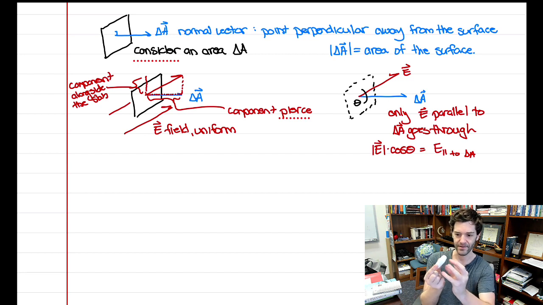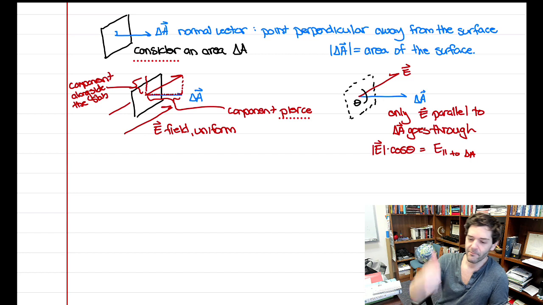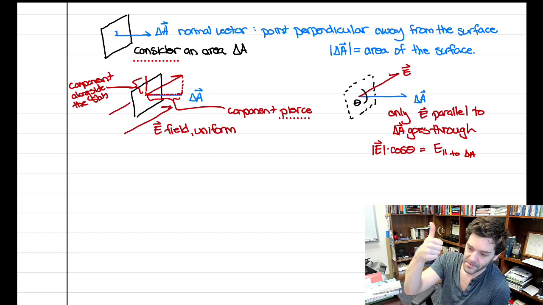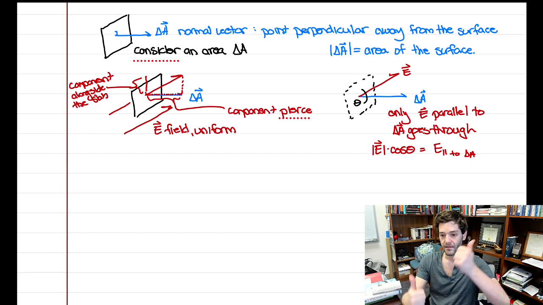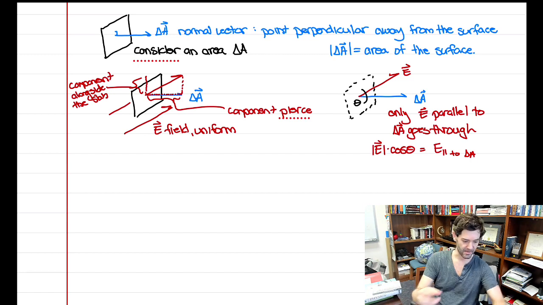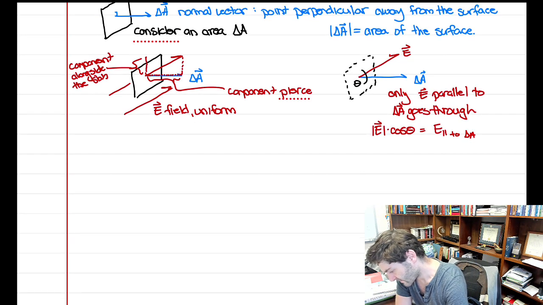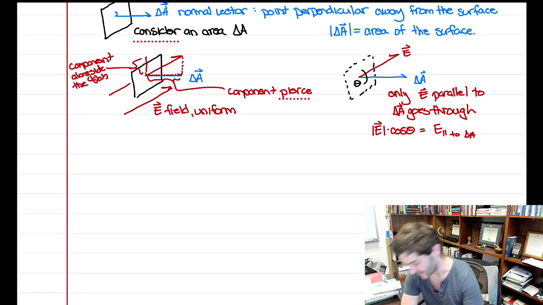Not as much electric field could go through this smaller area. So it seems like we only want to care about the electric field component that's parallel to A, and we also need how big A is, right? Is it a big book? Is it a small book? Is it a small slab? Which also is involved in the dot product.